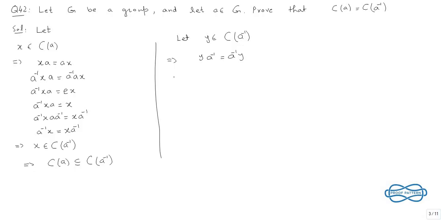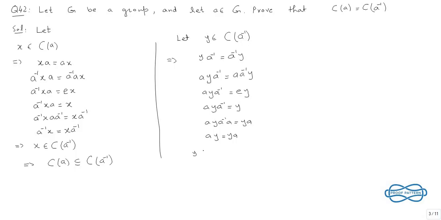We multiply both sides by a: a y a inverse is equal to a a inverse y, which gives y. Now post multiply by a. We will have ay is equal to ya, which shows that y also commutes with a.